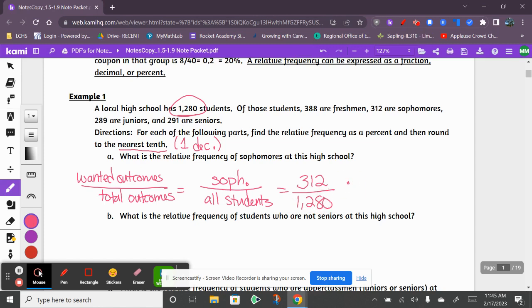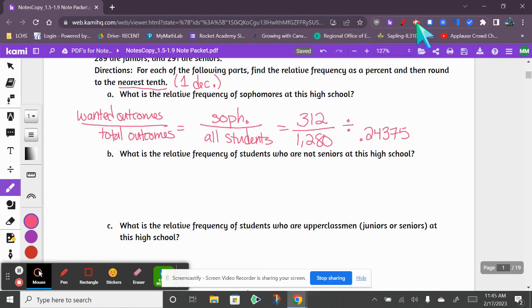So we're going to go ahead and just divide. When you divide, you get 0.24375. We're going to multiply that by 100 so that it becomes a percent. We get 24.375, and we want to round it to the nearest 1 decimal place. So that's going to be 24.4%.